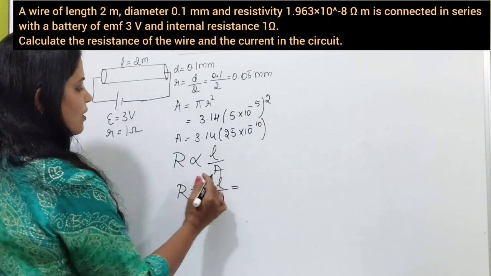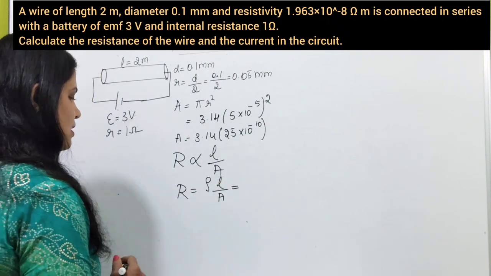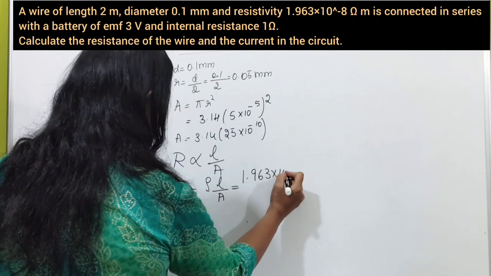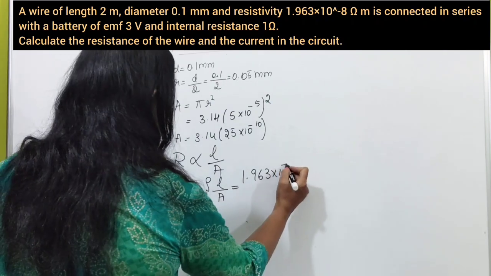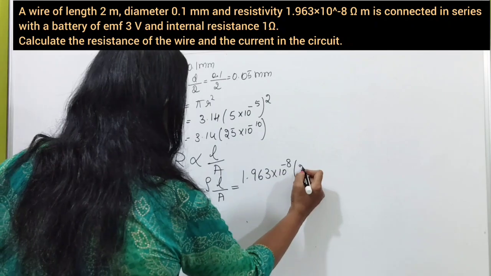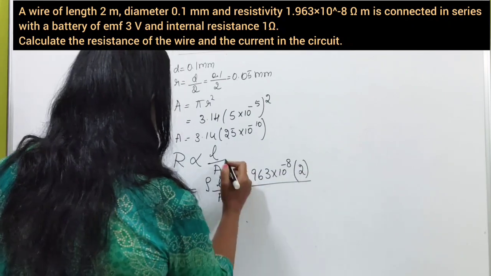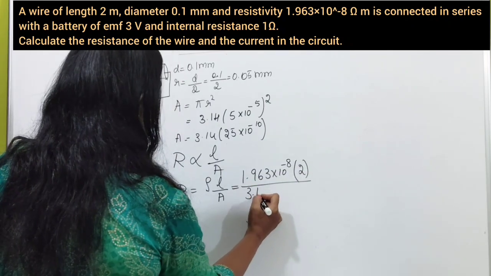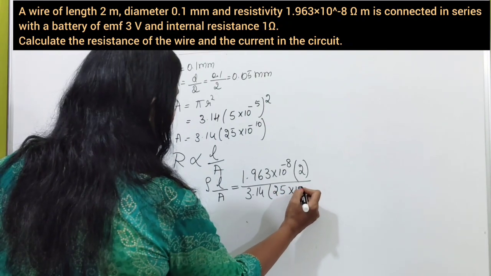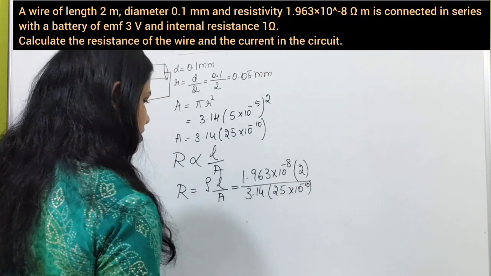The values of all these are given. Substitute that: 1.963 × 10 to the power minus 8 ohm meter, into length of the wire which is 2 meter, divided by area which is 3.14 × 25 × 10 to the power minus 10.